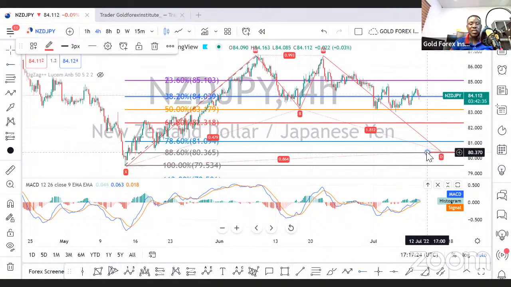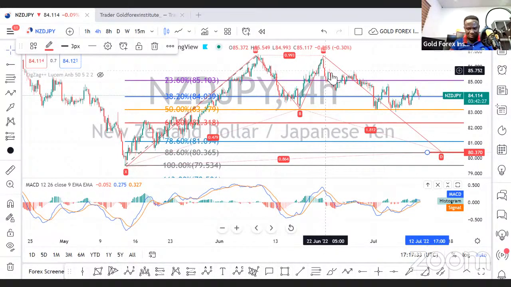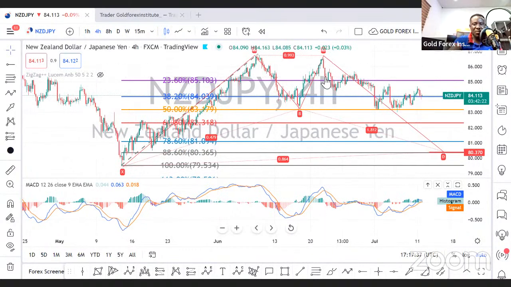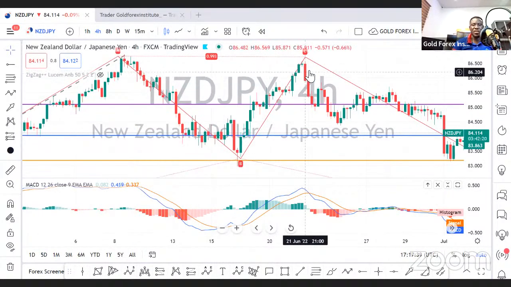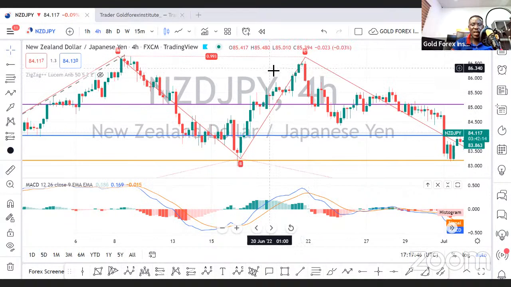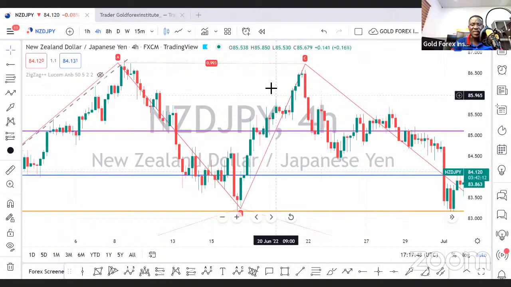So you can see that about a month ago, we had our first trade around here. Now we saw this bearish engulfing candle giving us the green light to sell for this trade. There was a breakout of the C leg, okay? And I think there was even a divergence over there.